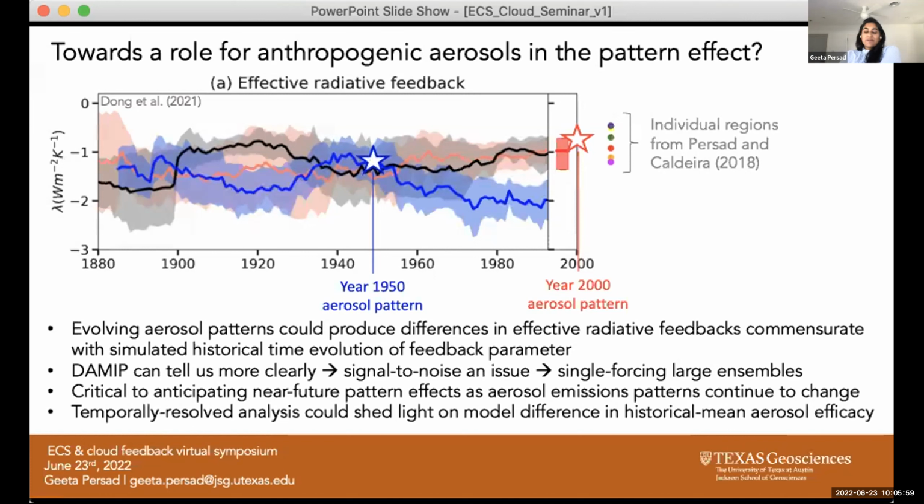So unfortunately, no, I don't think there are RF-MIP style simulations planned as part of that, but one could conceivably use the smaller ensembles of RF-MIP type simulations and combine them with the large ensembles of response, so that you have both sides of the coin. And I think that could be feasible if we expect that the spread in the forcing is going to be smaller than the spread in the response.